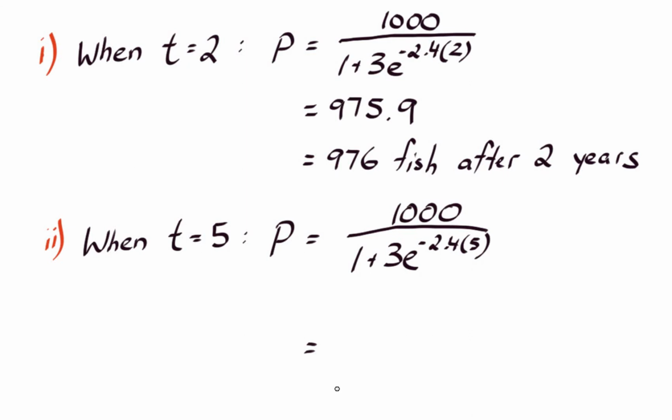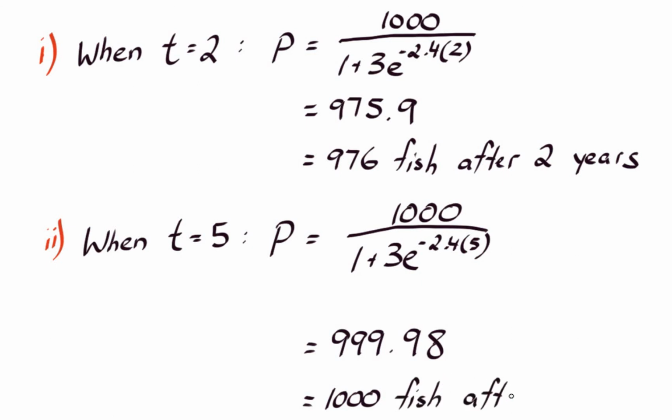And once again, we could go and put it in the calculator, being careful with what we do. But let's jump straight to the answer. 999.98 to 2 decimal places. So we can see that for all intents and purposes, it's 1,000 fish if we round after 5 years.